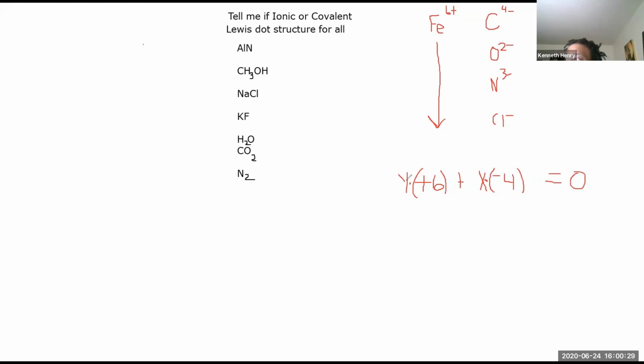So how many plus 4s must we have, and how many minus 4s must we have so that it equals 0?